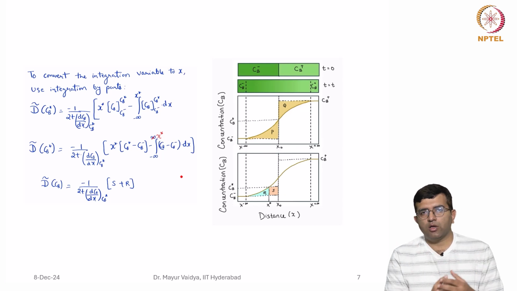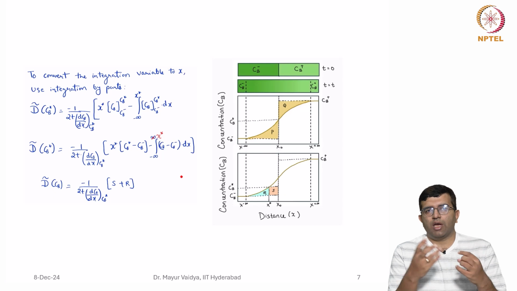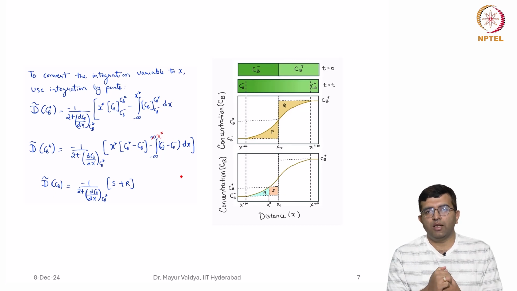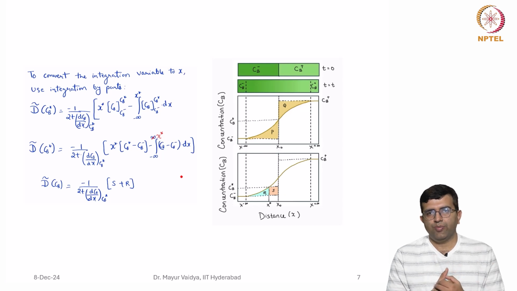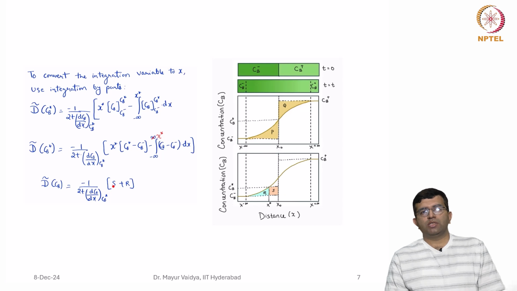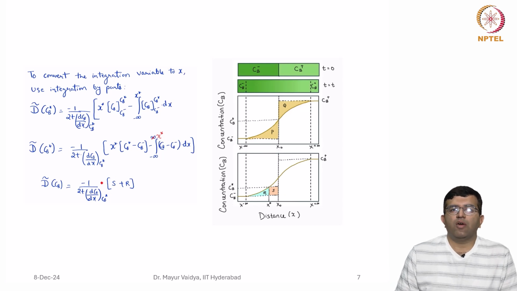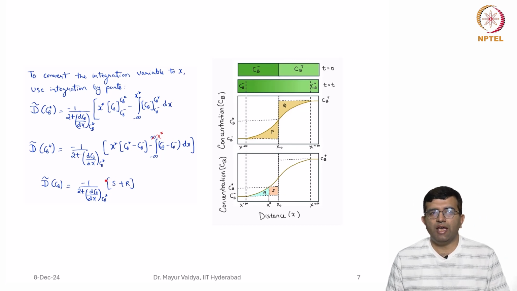You can also write a code yourself to calculate this value at different compositions. You can determine the d tilde. So this is how this can be understood graphically, S plus R divided by this. Now there is still one thing that we have not addressed, which is how do I find x naught?